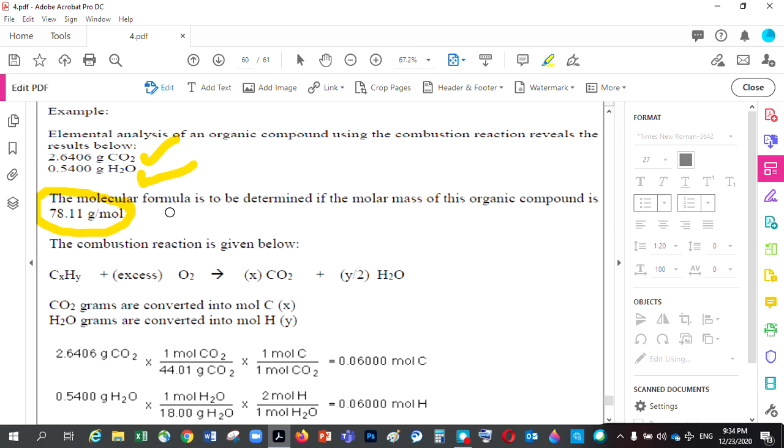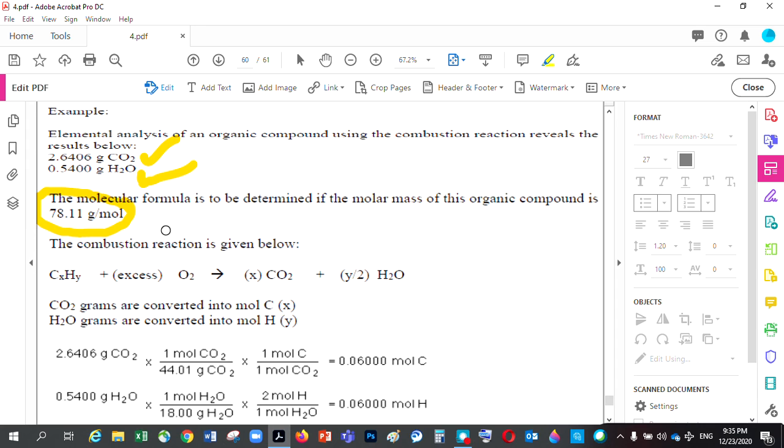That's determined by other means, GC mass spec or any other means can determine the molar mass. But we have the molar mass and we have both CO2 and H2O. How in the world do we know what's really the structure of the compound? That's what we are looking for, the structure of the compound.